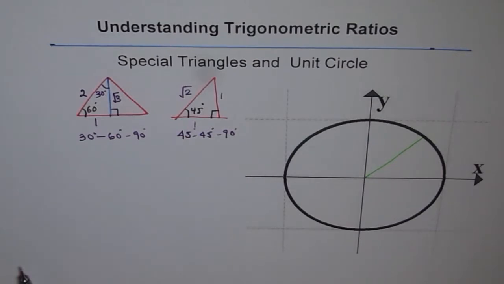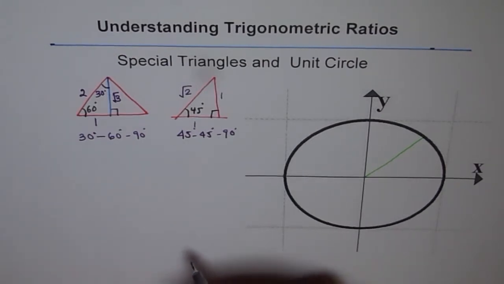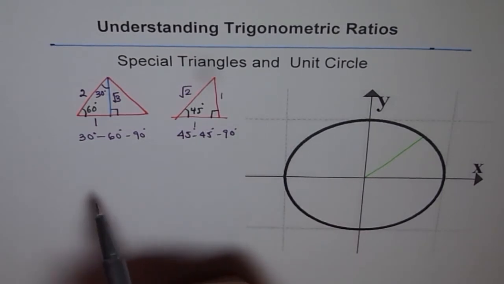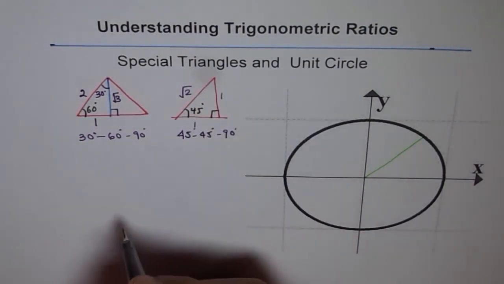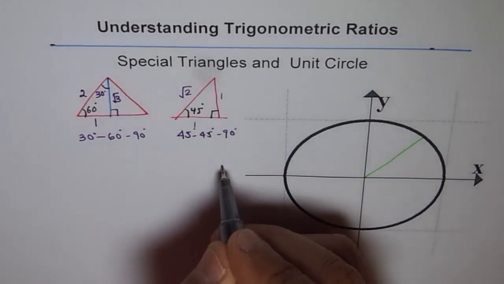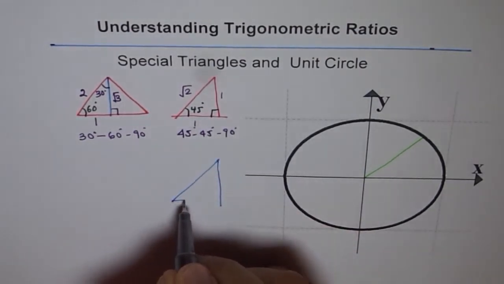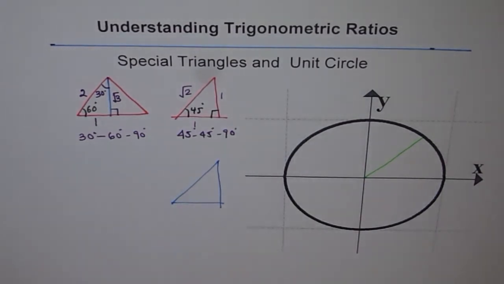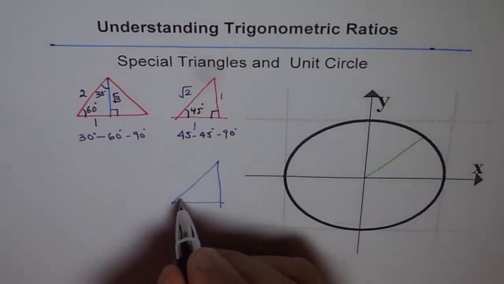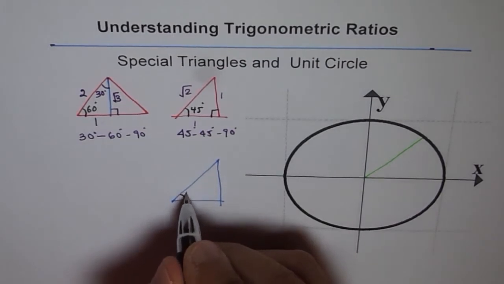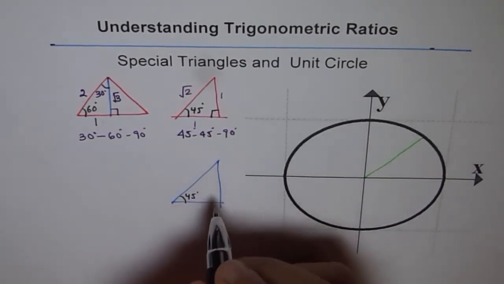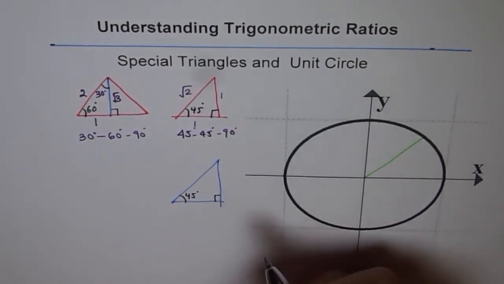So I created this video for you so that you can appreciate how they are related. Now let's normalize them, meaning let's make the hypotenuse 1. So we'll redraw these triangles, and these are modified special triangles, modified in a way that we still have the same angles. Ratios are exactly the same. There is no change. There can't be, right?